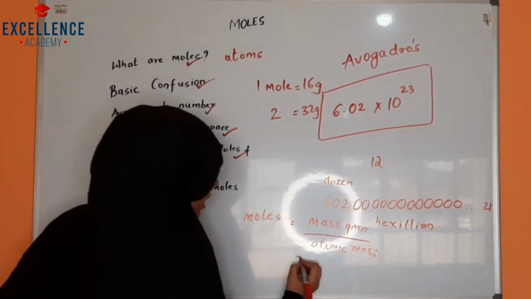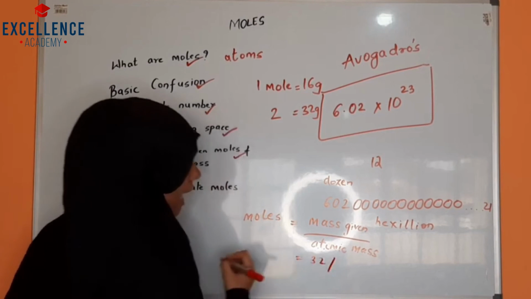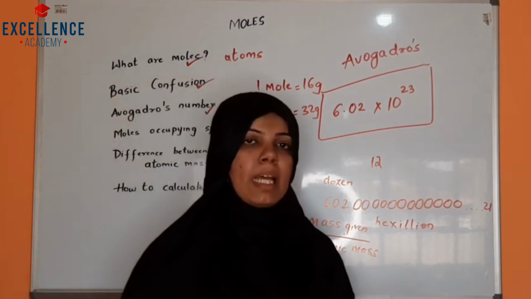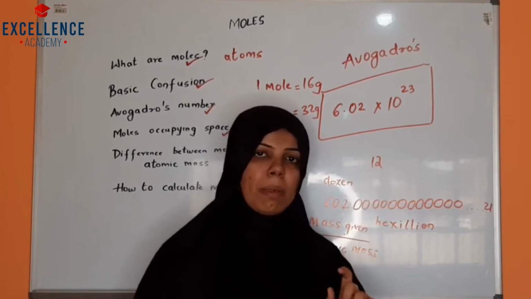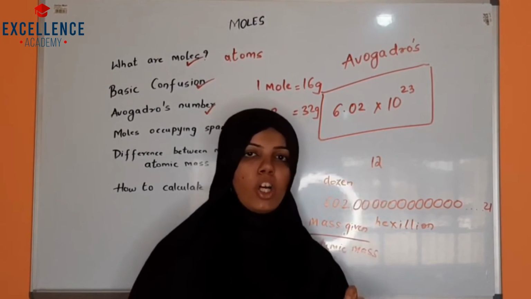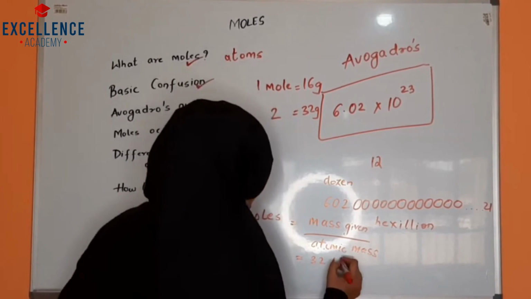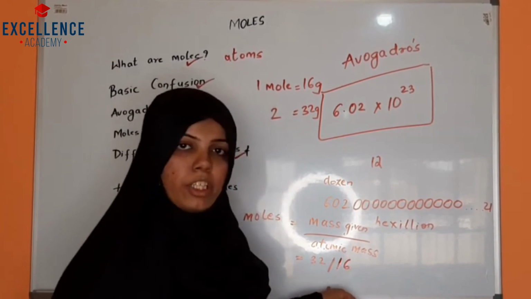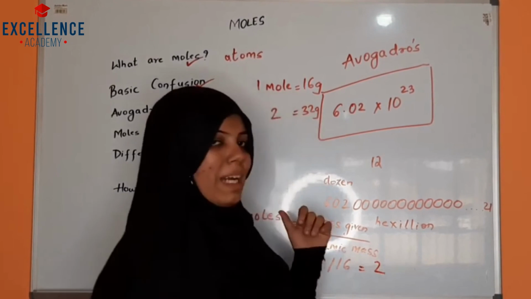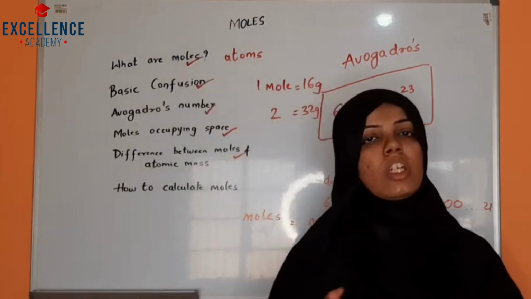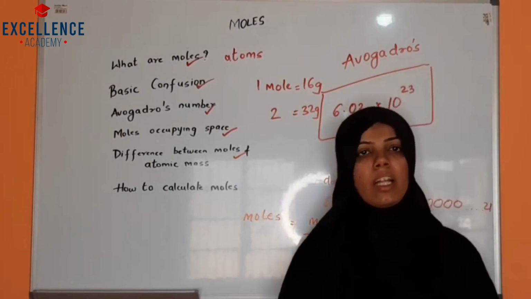So my mass given is 32, and looking at the periodic table, if you know the periodic table, there are elements, then you have the atomic mass. Okay, so the atomic mass of oxygen is 16. So 32 divided by 16 is equal to 2. So my answer is 2 moles. So this is the simplest way you can calculate moles.